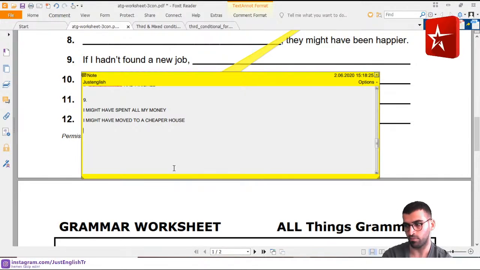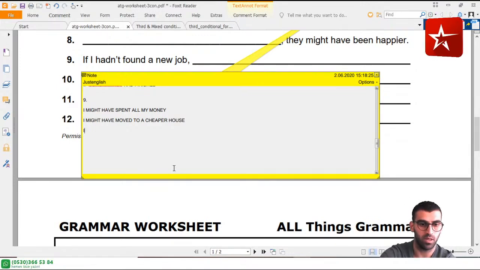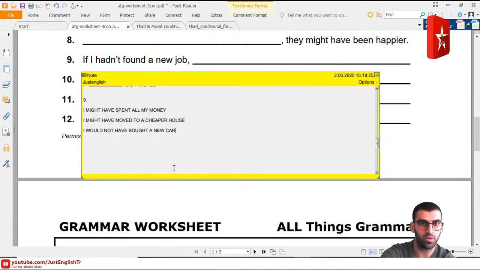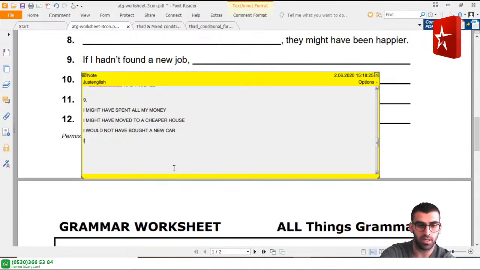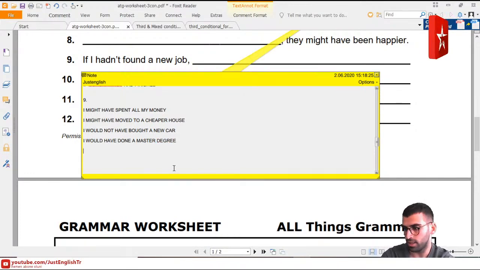I wouldn't have bought a new car. Yes, I wouldn't have bought a new car. That is the correct answer. And Minever says I would have done a master's degree, for example in Turkey, in Italy.